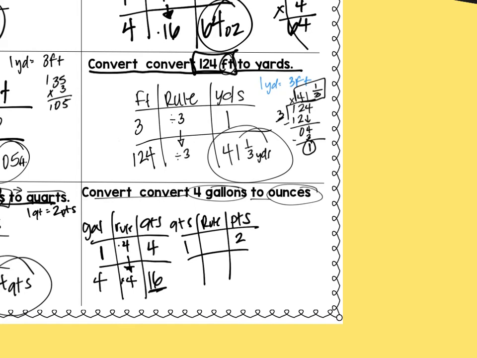How do I get from quarts to pints? It would be times 2. And if I had 16 quarts here, I'm going to put my 16 quarts here. And 16 times 2 is how I figure out how many pints I have. 16 times 2 is 32. So I have 32 pints.